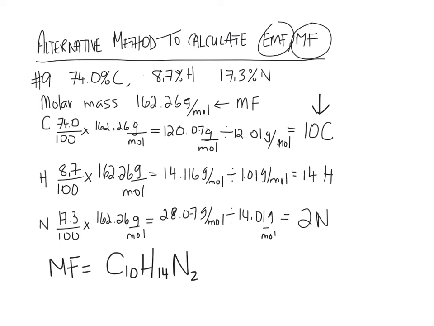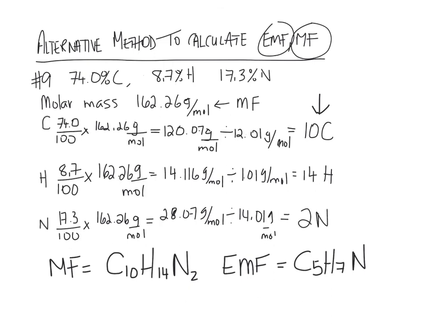To get our empirical formula, find the lowest common multiplier. So here our smallest number is 2, so divide everything by 2. C5H7N1.